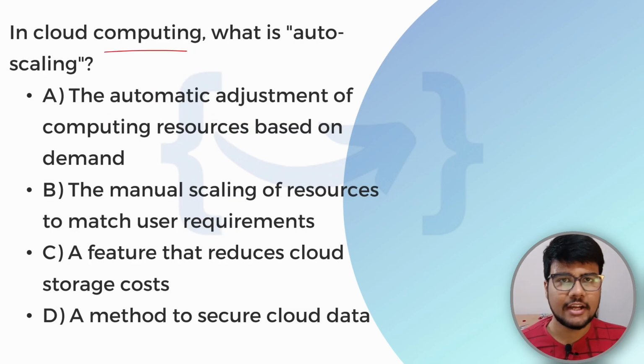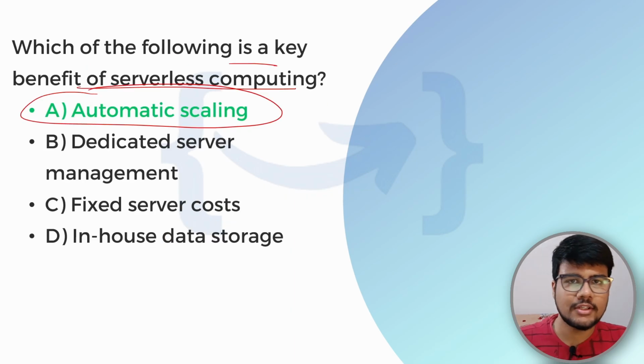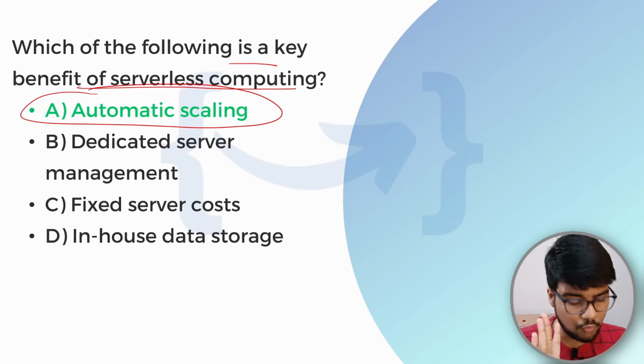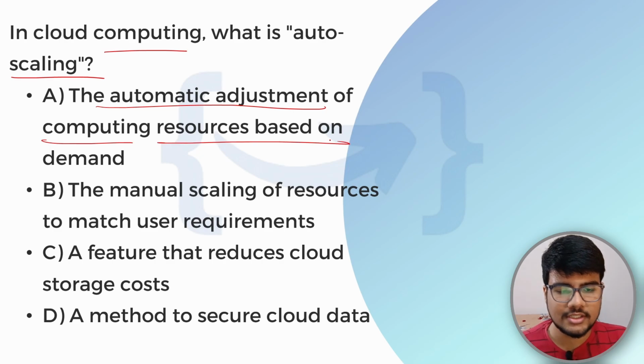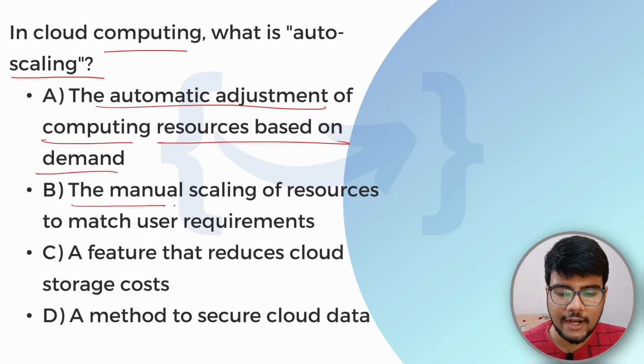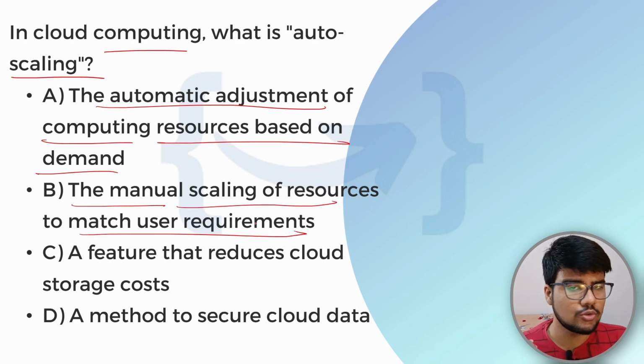Great. In cloud computing, what does auto scaling mean? I am always telling you that whatever question you are solving, just try to learn about the options too. If you have done this work, this question would be very easy, is it? So what do you mean by auto scaling? The automatic adjustment of computing resources based on demand. Okay, the manual scaling of resources to match user requirement.